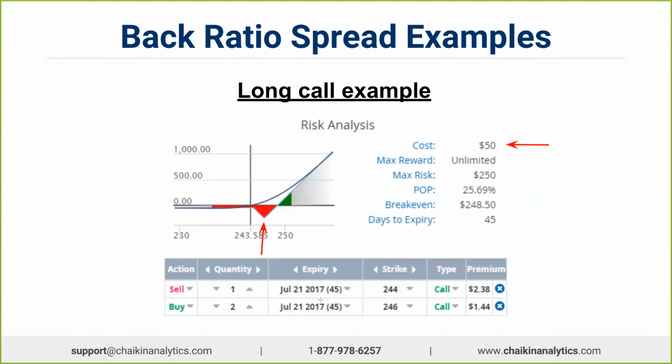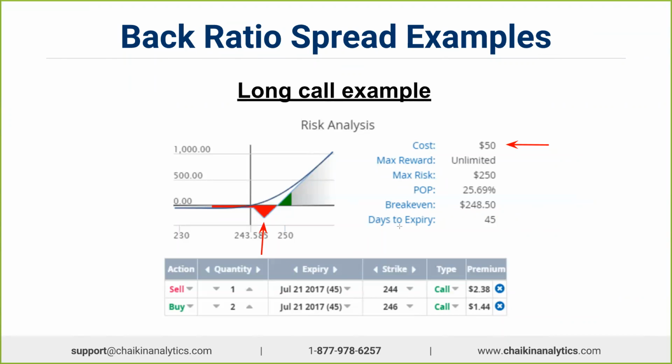For earnings, you don't need to go that far out. If you're playing specific events like earnings or product announcements, you don't need to go far out in time. I only have 45 days on here.